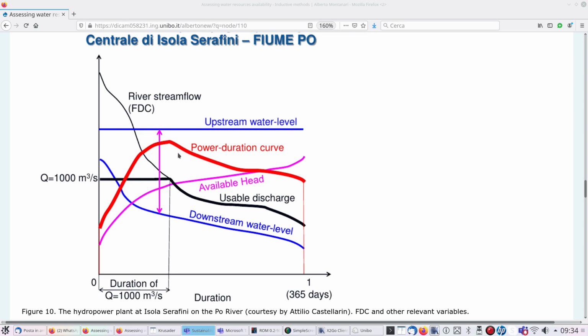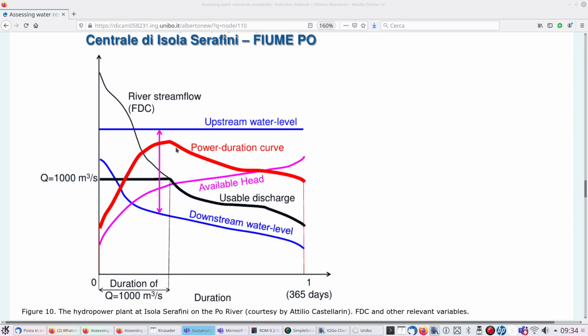I said that it's a coincidence because it depends on the progress of the curve of the available head. For sure, when you get to the duration in this graph of 1000 cubic meters per second and you go beyond that, you get a decrease of the available flow downstream and also upstream.